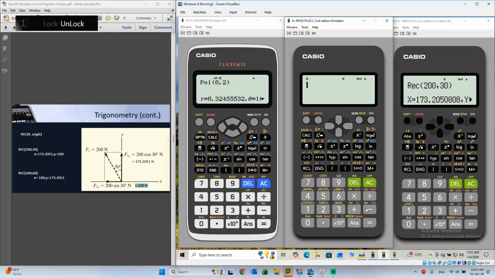If I write rectangle 200, but this time I'm writing the angle between the force and the x-axis, which is 60 degrees, now the first one, 100, is on the x-axis because I provided 60 degrees, which is the angle between the force and the x-axis. Please pay attention to this. The calculator does not know the axes. You need to provide the angle that you have so that it can give you the answer.